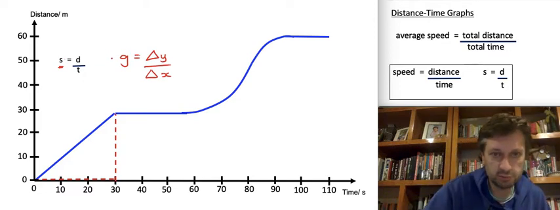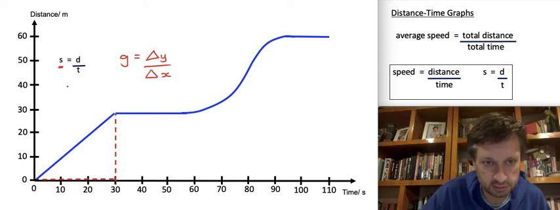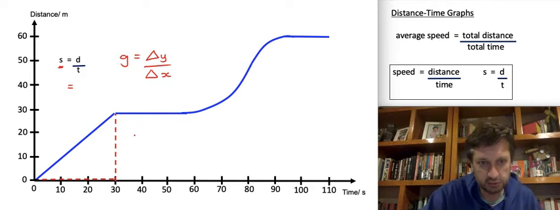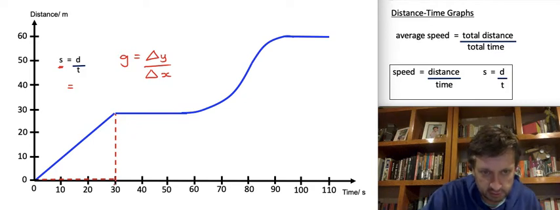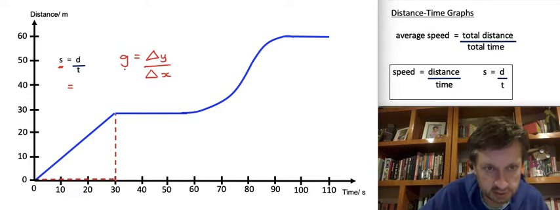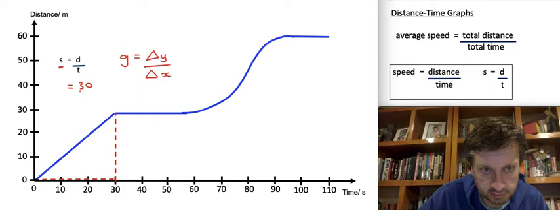Okay, so I can put numbers into this gradient equation. The gradient, or the speed, is equal to this change, which is 30 minus 0, so 30 meters.